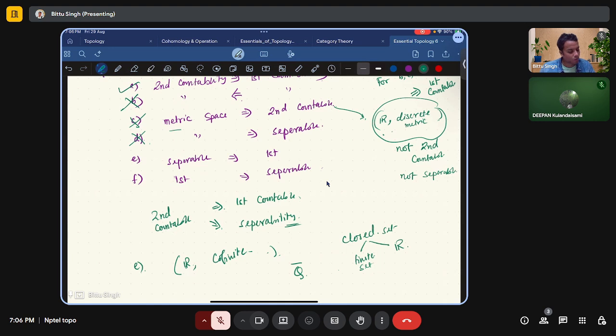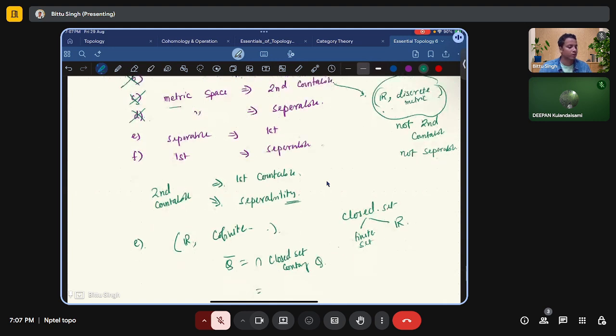Therefore, what will be the closure of Q? By definition, closure means the intersection of all closed sets which contain Q, right? A finite set cannot contain the rationals, because the rationals are countably infinite.